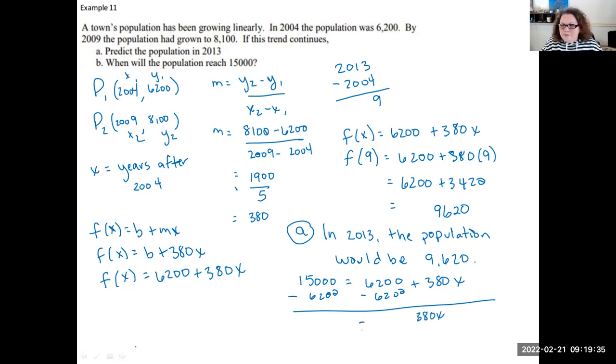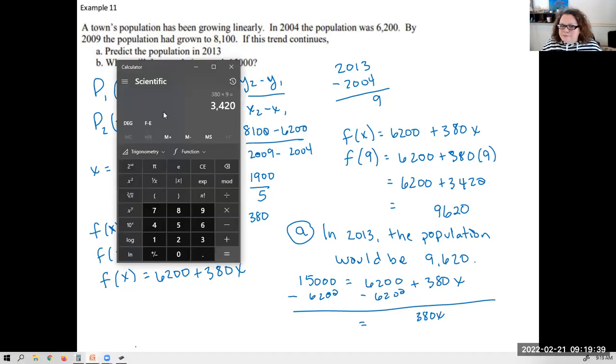is equal to, whip out the calculator, 15,000 minus 6,200 is 8,800.